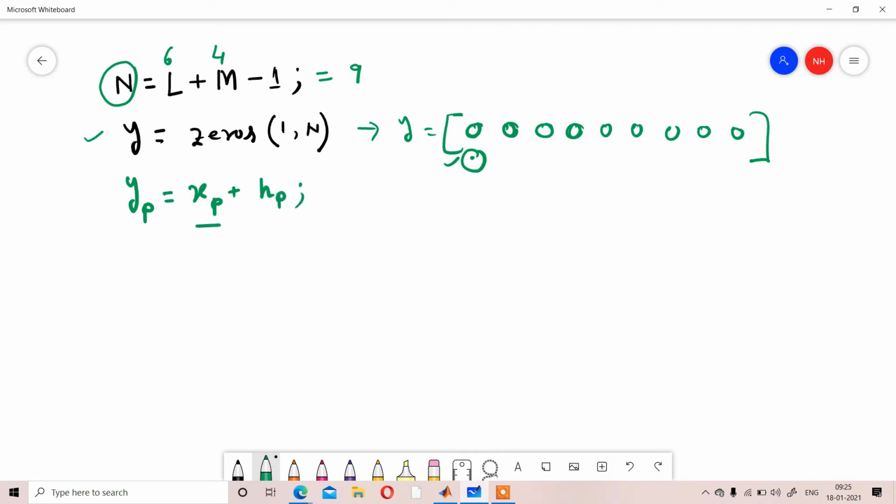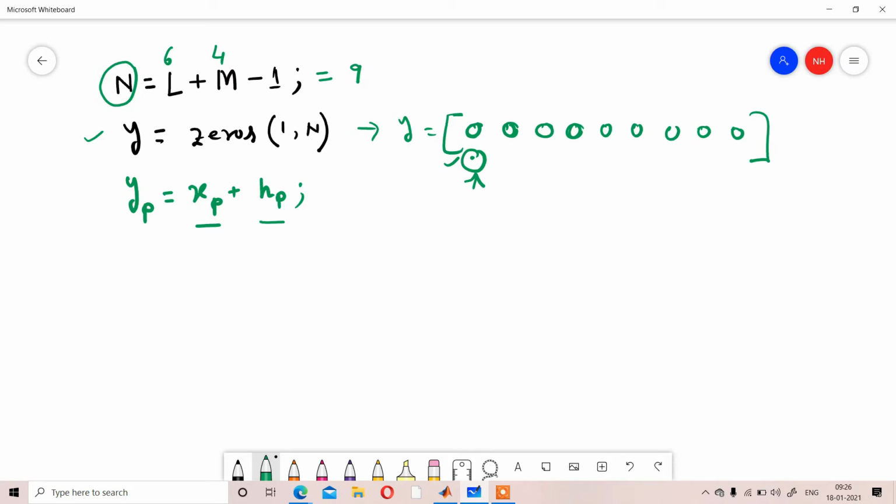So xp is the starting point of x and hp is the starting point of h. If you add these two indices, you will get the starting point of y, and that will be defined here. Okay, so up to that I think clear.